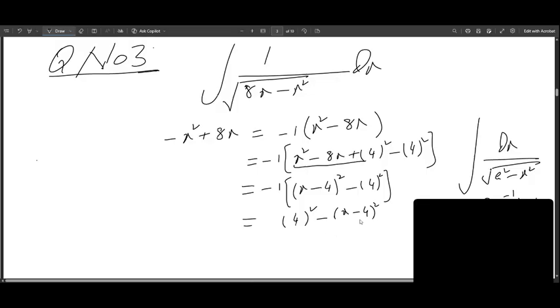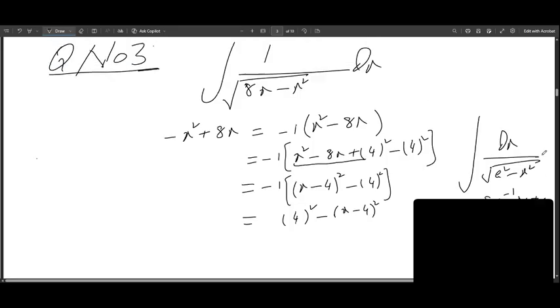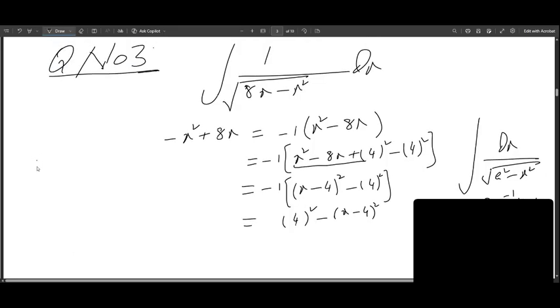So you can see here, if we plug this value in the integral, that is dx over 4 square minus x minus 4 square, and we'll put a square root on top.